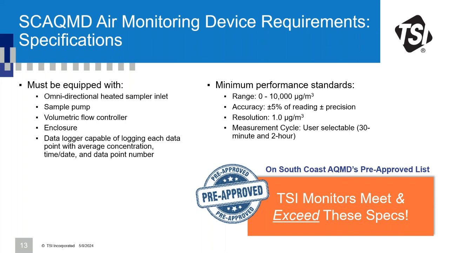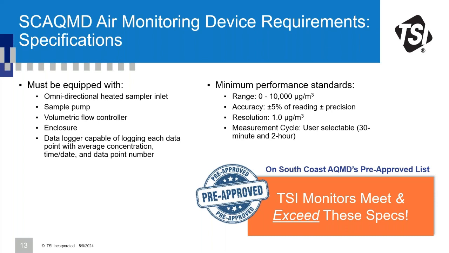And then they've also laid out some minimum performance standards. So this is the range here for the monitor to be able to read. They've asked for accuracy or precision as well, plus or minus 5%. Resolution here, 1 micron per cubic meter. And then the measurement cycle.